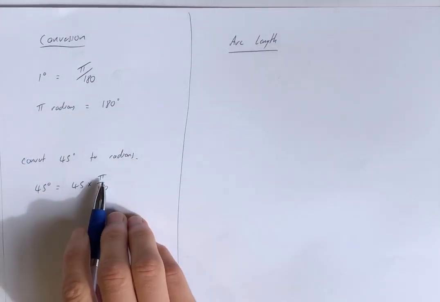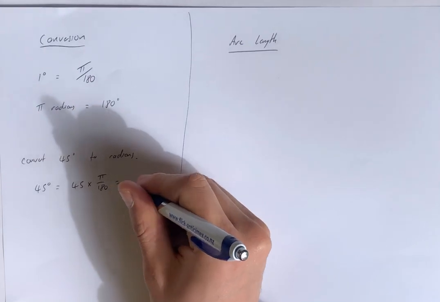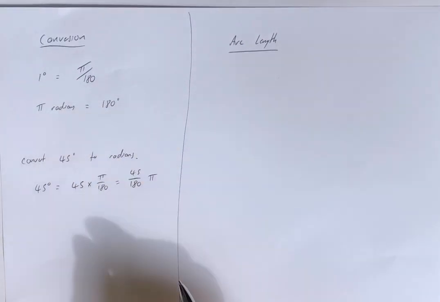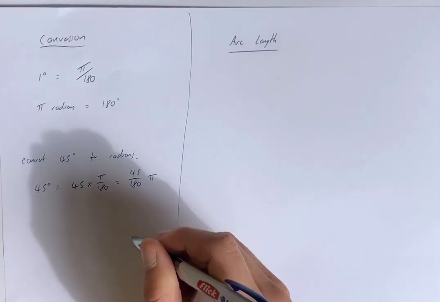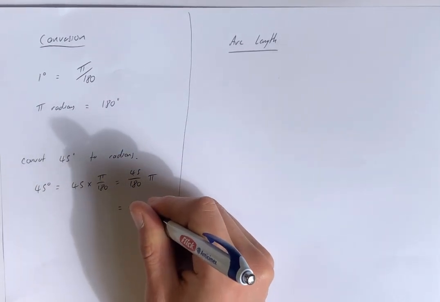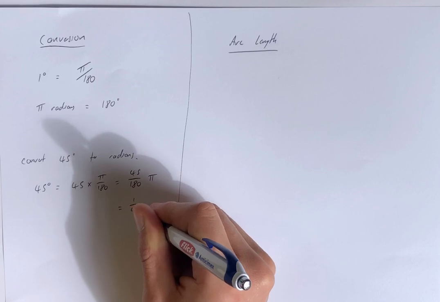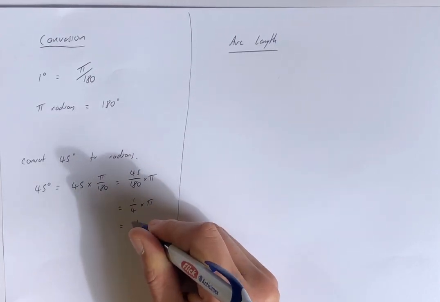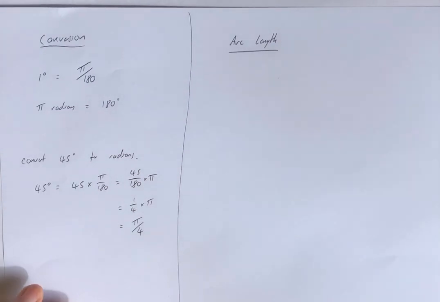And we always leave it in terms of pi. So that's 45 over 180 pi, and 45 over 180, you guys know that simplifies down to 1/4 of pi, and we leave it in terms of pi. So it's pi over 4. It's as simple as that.